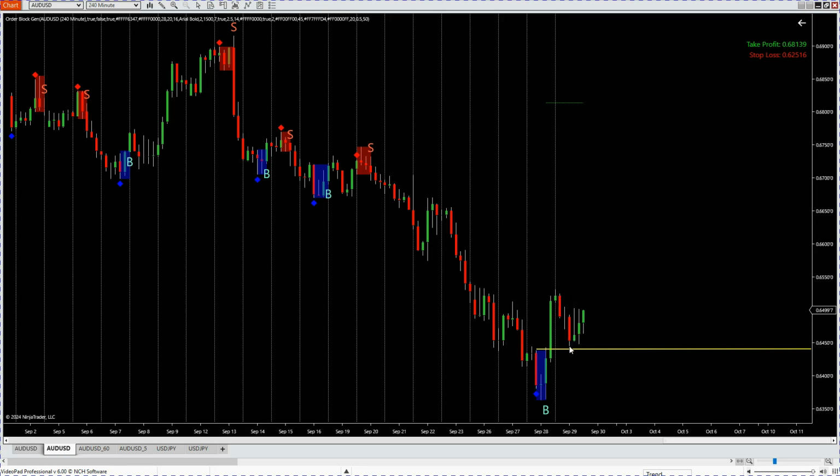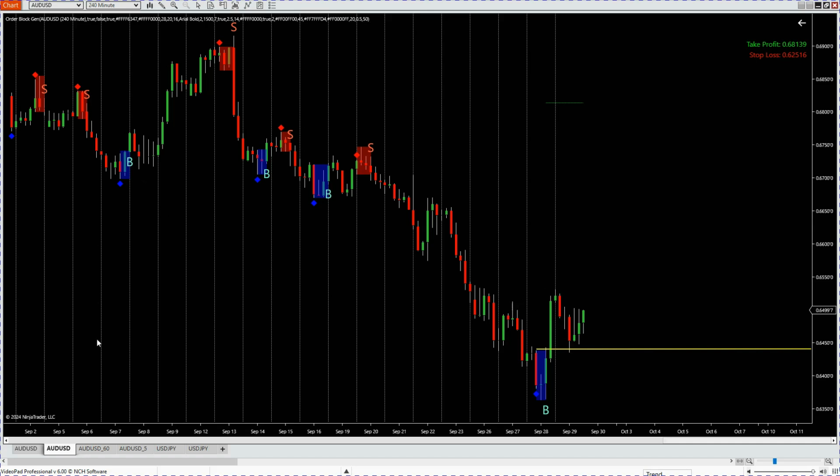After it wicked on the level on the retrace, it's starting to move to the upside. We've got 3 upward bars, and the high of this swing is higher than the high of the prior swing. So now we can examine this on the smaller time frame.